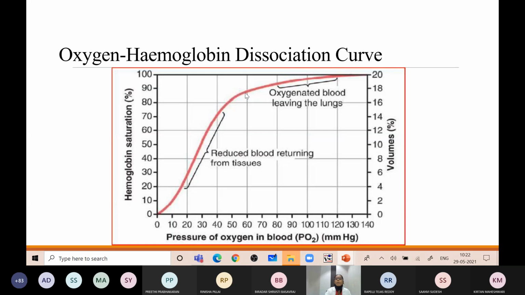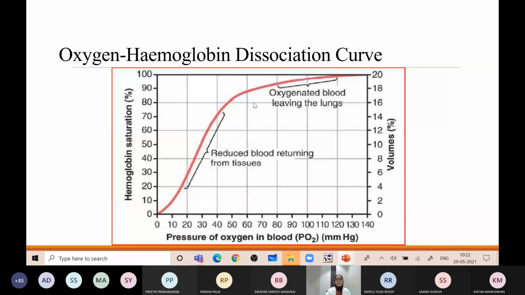But if you come to this level, suppose from 80 or 70, or around 60, if you take 60 to 100, there is not much change here. It is almost like a plateau stage, isn't it? So from 60 to 100, there is not much change in oxygen saturation.